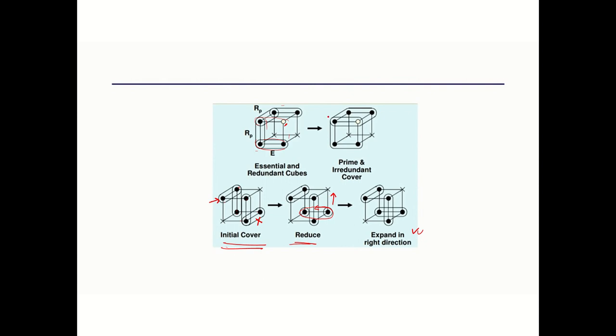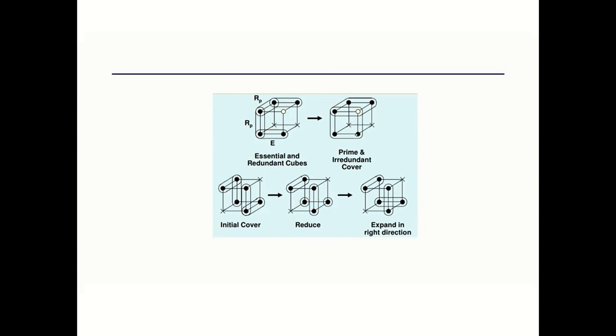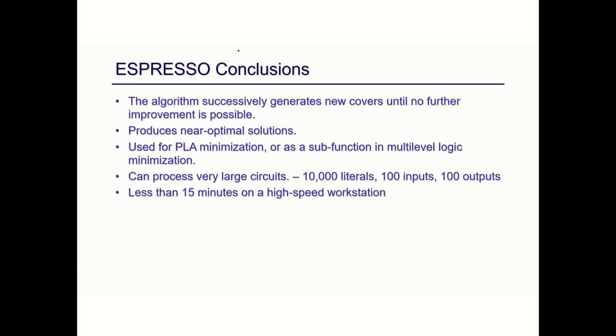Yes, it is possible. In this direction one cover is possible, and in this direction another cover is possible. So with the help of this don't care, we expand, and the prime implicants of the redundant cubes can be obtained. Just come to the Espresso conclusion.